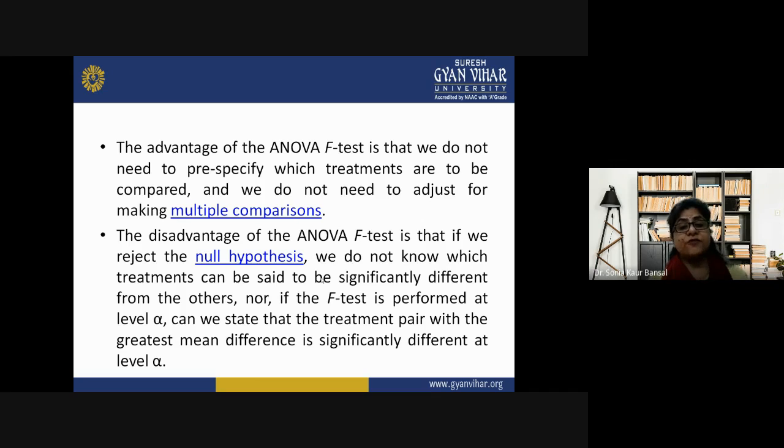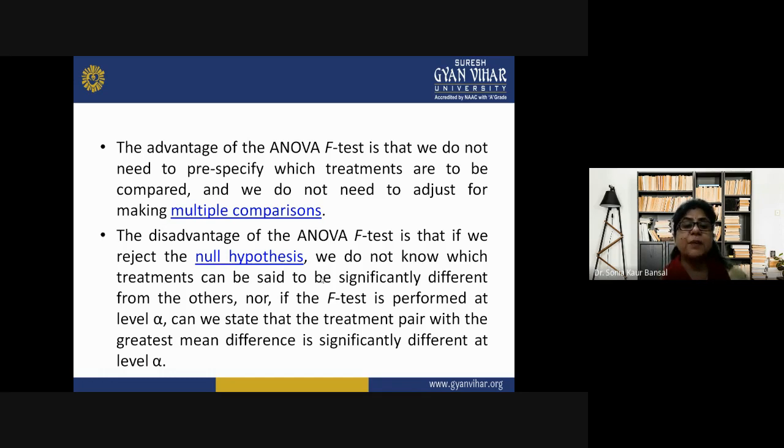Nor, if the F-test is performed at level alpha, can we state that the treatment pair with the greatest mean difference is significantly different at level alpha. So this is something that students you must remember, that with the F-test we do not need to predefine what we are going to compare and how it is going to be drawn as a result.